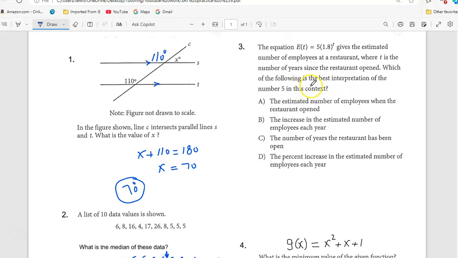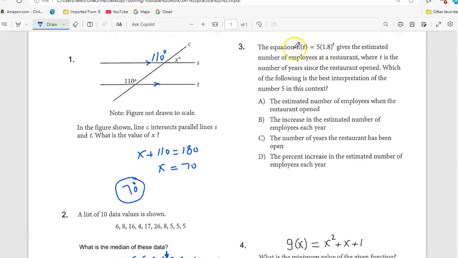Which of the following is the best interpretation of the number 5 in this equation? What is the interpretation of 5? What does 5 actually represent?